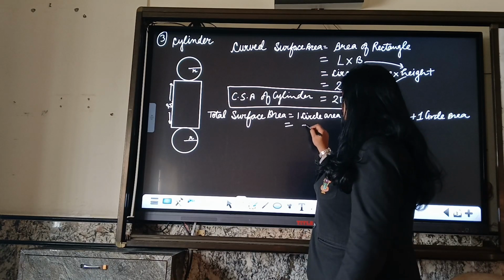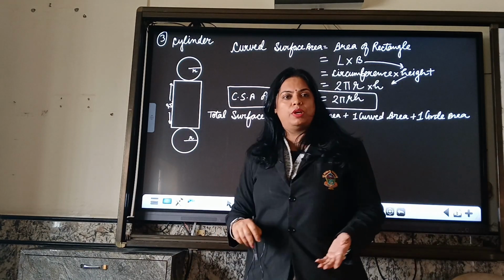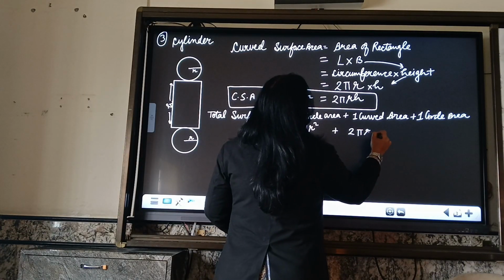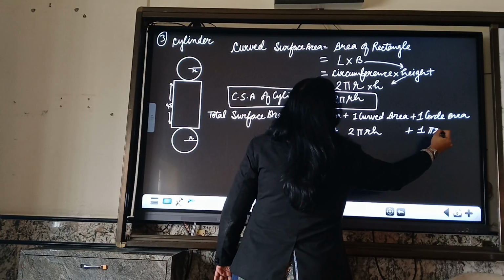Now the circle area is pi r square, we have one circle, so 1 pi r square. And next is 2 pi r h, which is the curved surface area, and again we have pi r square.